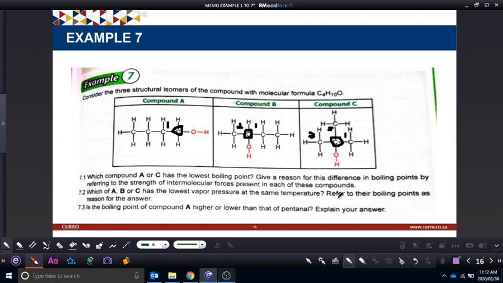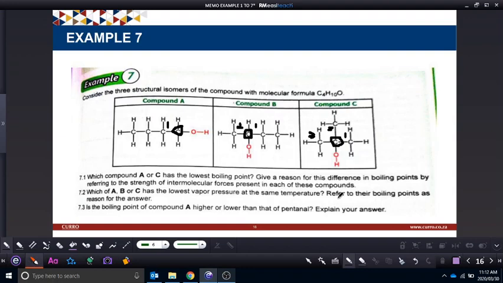A and C. Is the boiling point of compound A higher or lower than that of pentanol? It's definitely higher than that of pentanol. Explain your answer.